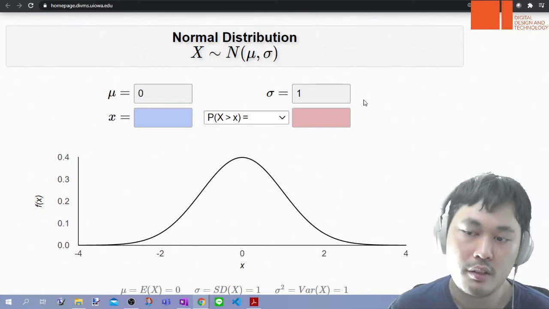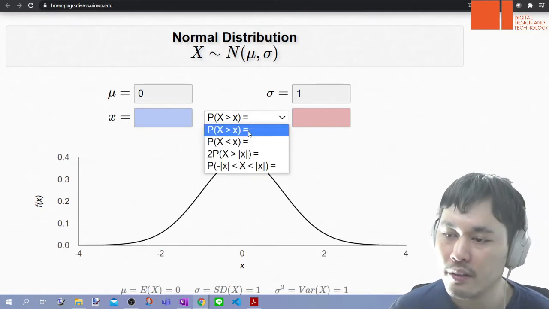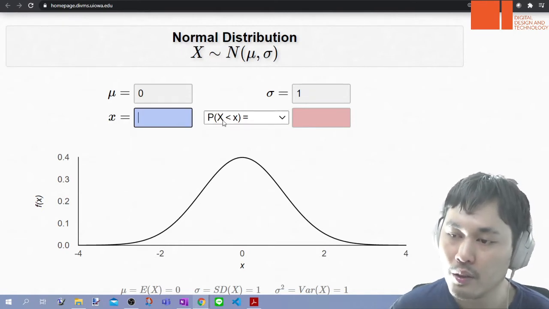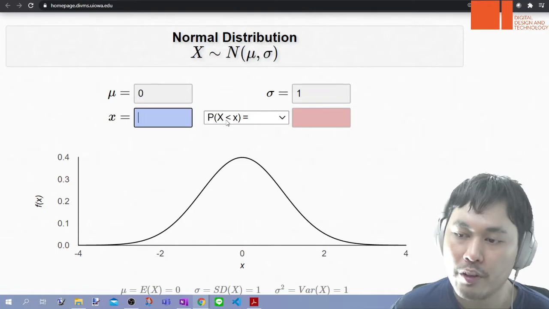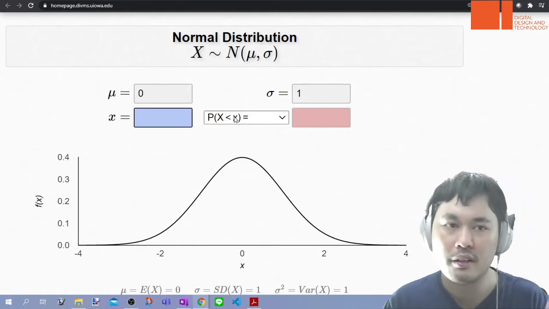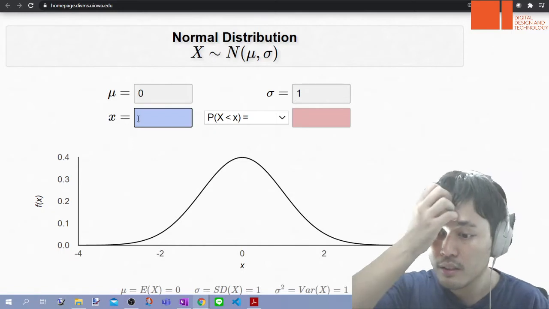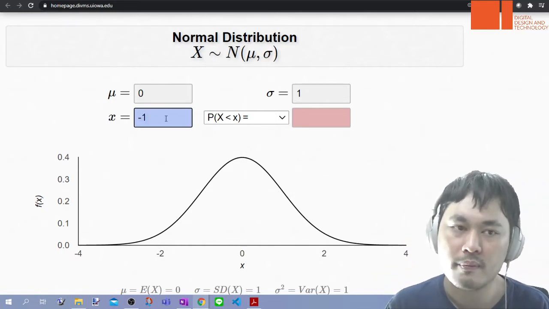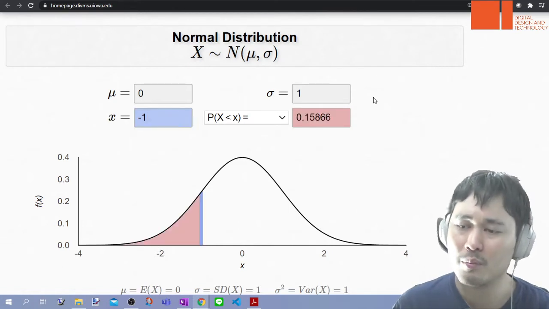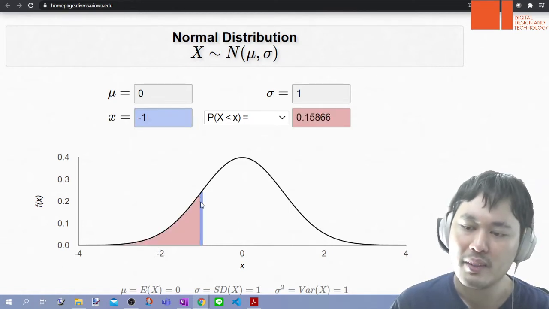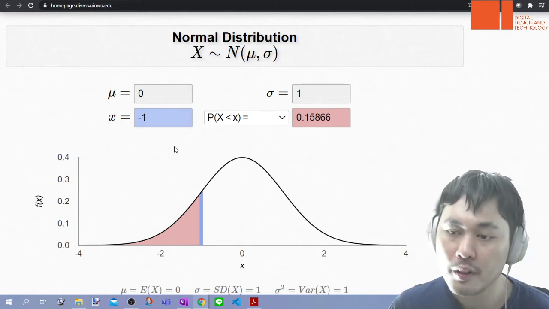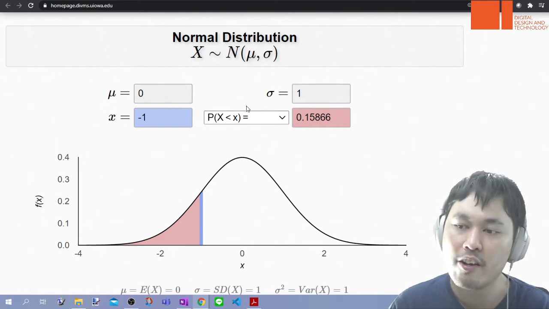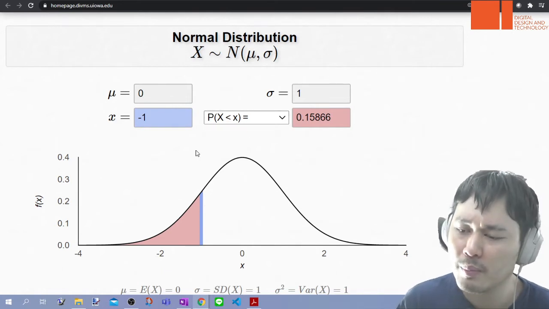Now the next question is we want to find areas under this curve. In this case we are going to find the area where the random variable capital X is less than a specific x. Let me put x equals -1. The funny thing is you have to move your mouse outside the box, and there it is. First, it shows you the corresponding area for that type of probability.